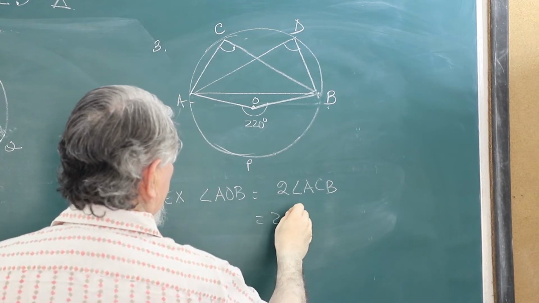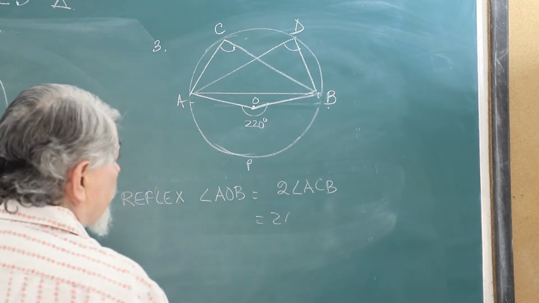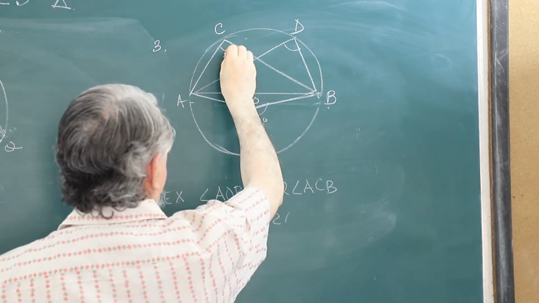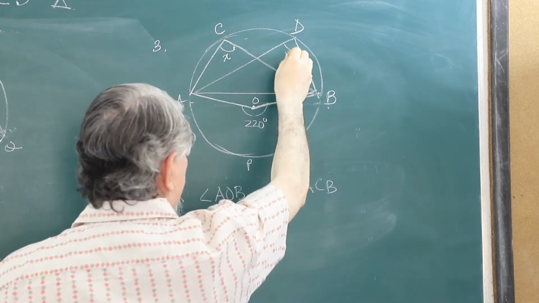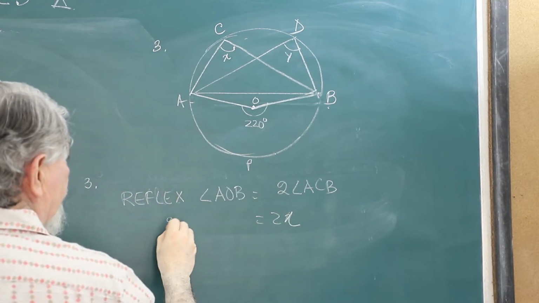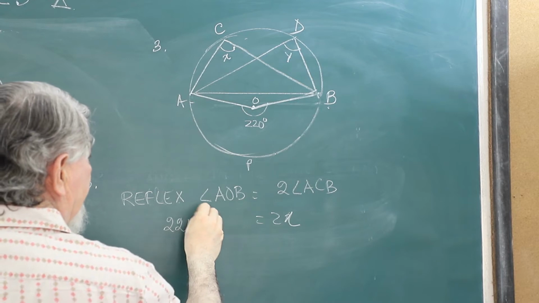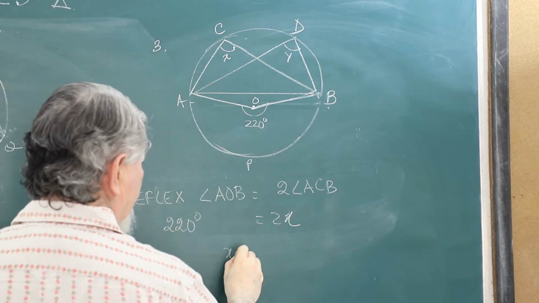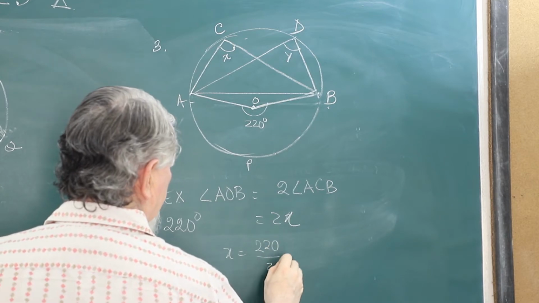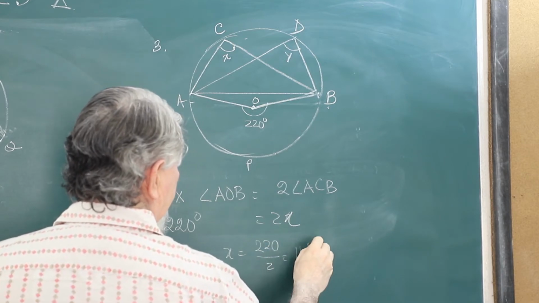Suppose I name it X, then Y is double of X, and the reflex angle is 220 degree. So X will be equal to 220 upon 2, that is 110 degree.